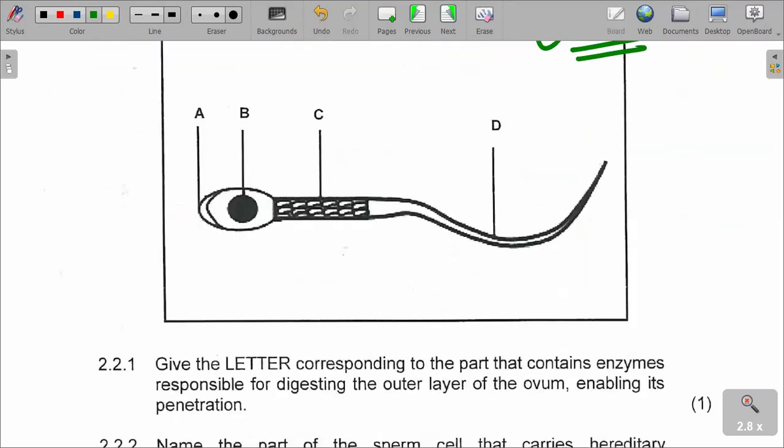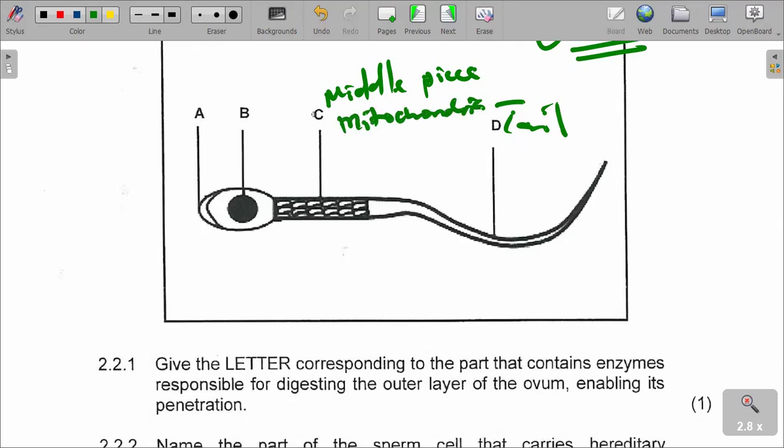Please also check the video there: the middle piece, the tail, the head, acrosome, and the nucleus. We have a detailed presentation.